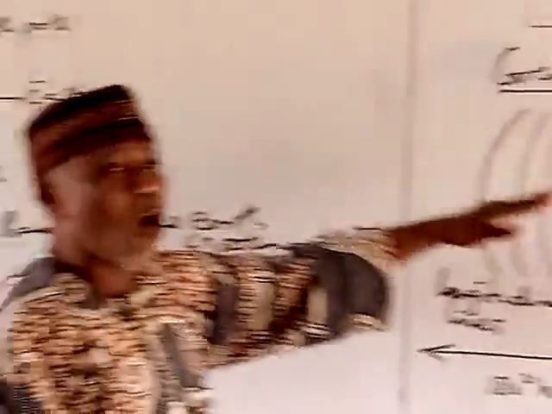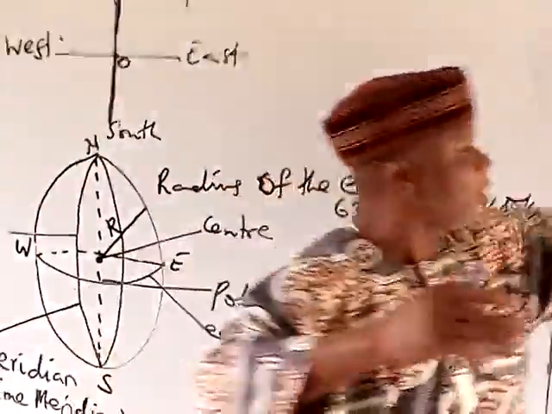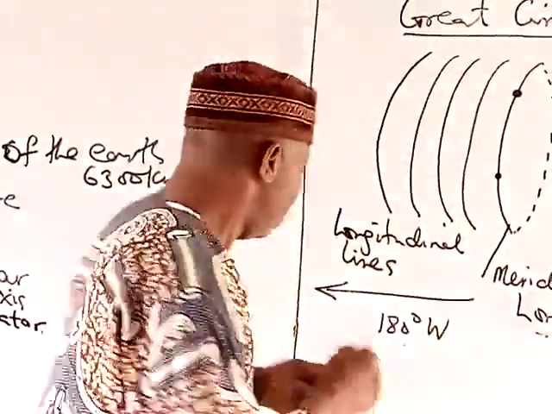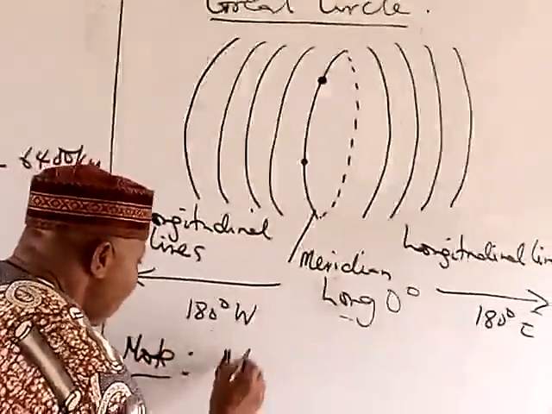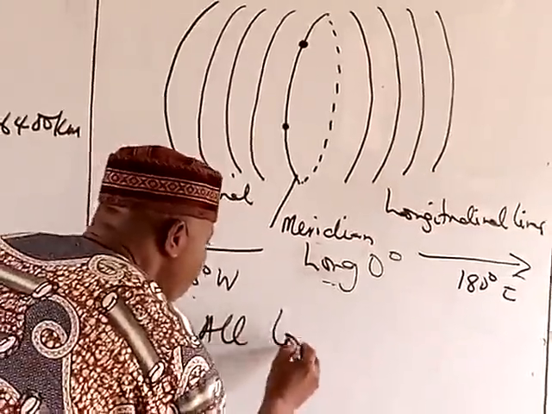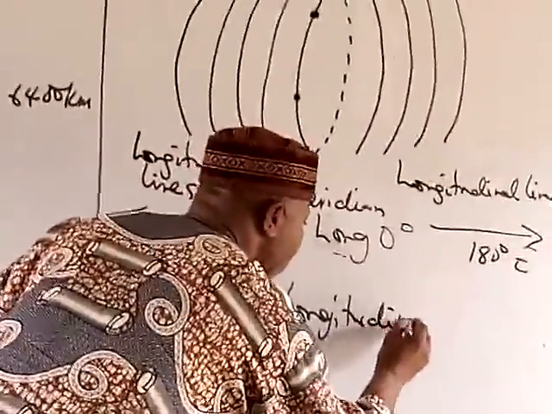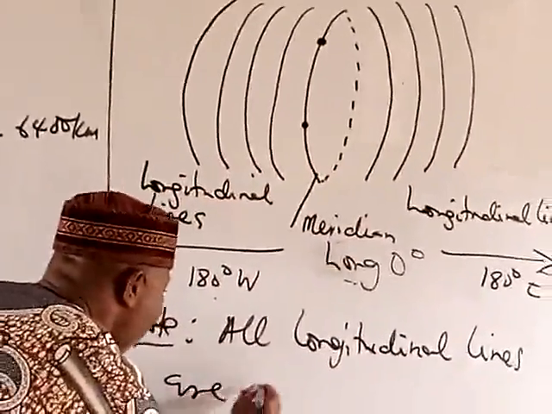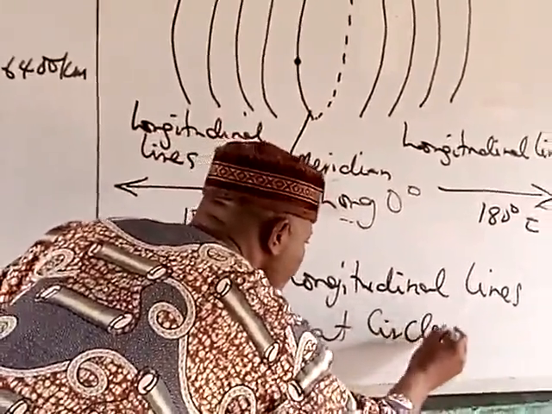So it means all longitudinal lines that we have seen here are great circles. Note, all longitudinal lines are great circles.